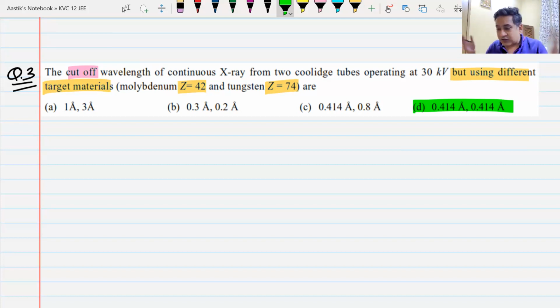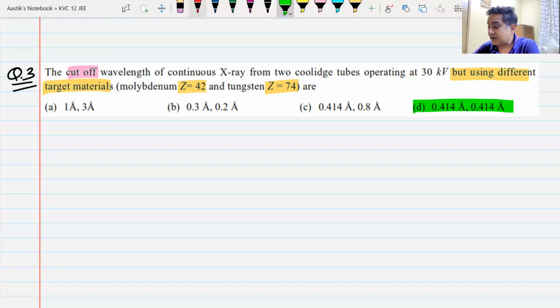In this question, you did not have to calculate anything, because there was only one option which had the wavelength the same, because this cutoff wavelength only depends on the operating voltage. And this is one point that you will note down.